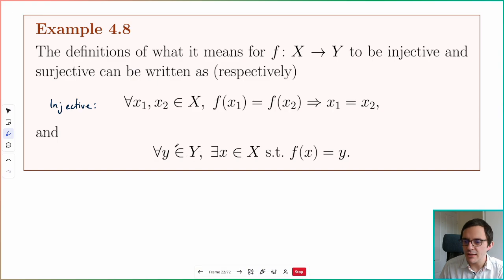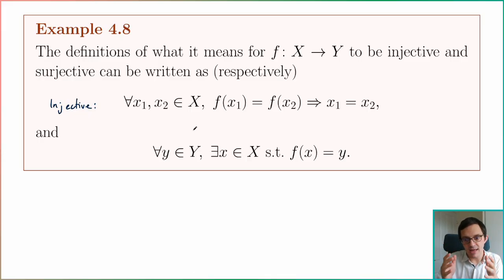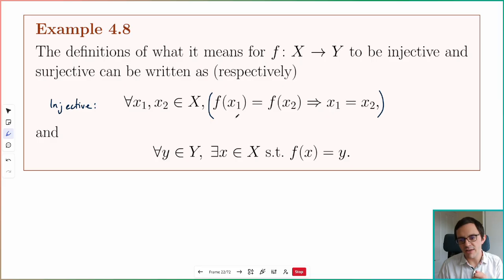And this can be written like this. So at the front here, there are some conditions: for all x1 and x2 in X. That's a very permissive condition, right? You can take any elements x1 and x2 from the set X. And then here's the claim about those numbers. The claim is all of this, that f of x1 equals f of x2 implies that x1 equals x2.